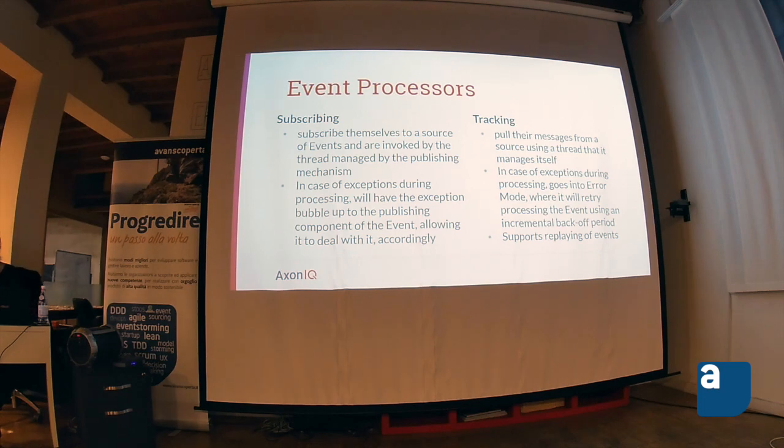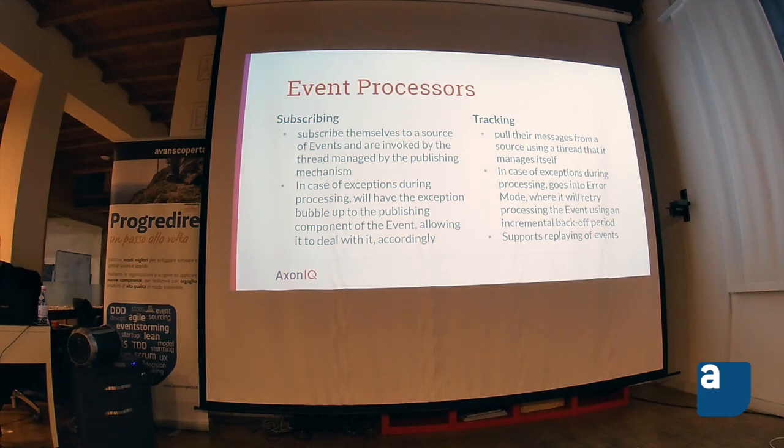The main advantage is that the handler can participate in the transaction of the command that is sent. In other words, if this handler generates an exception, this can be used to roll back the full transaction that created the event.